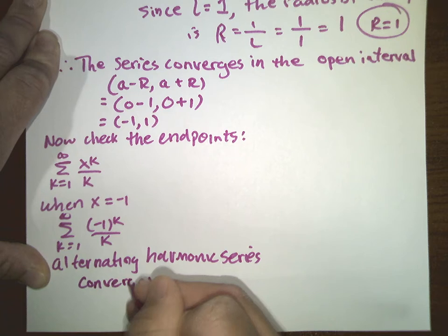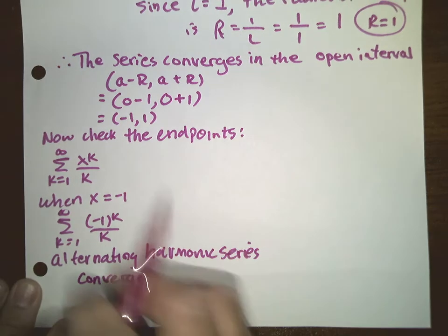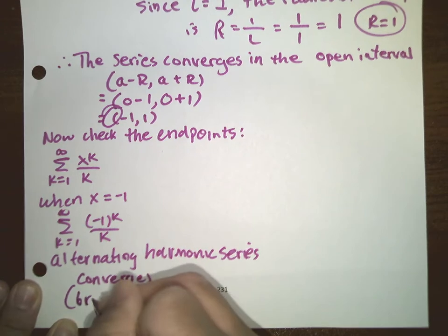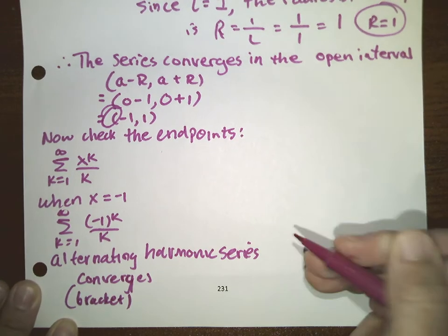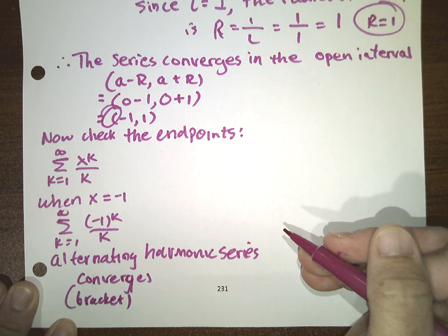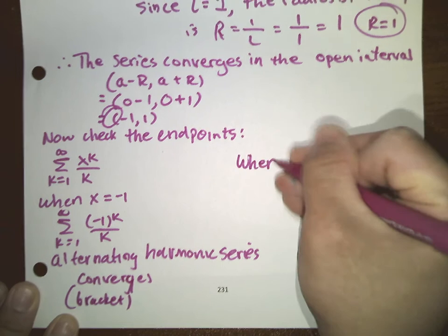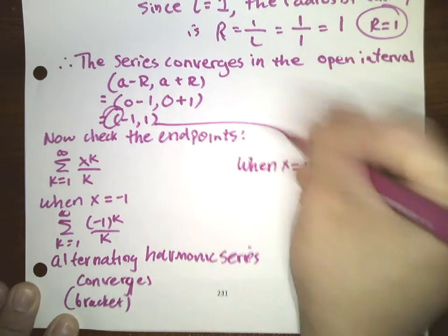So that means I have to use a bracket at negative 1 to indicate that negative 1 is a value for which the series converges. And then I'll check when x is equal to the other endpoint, 1.